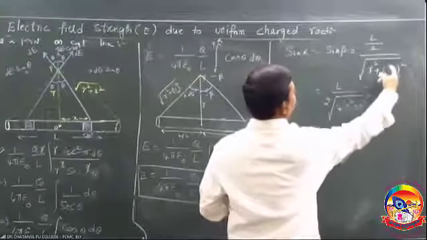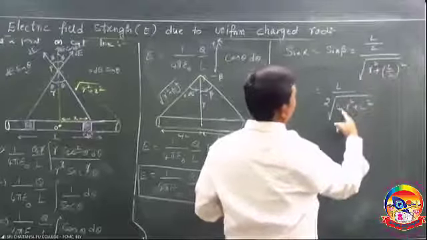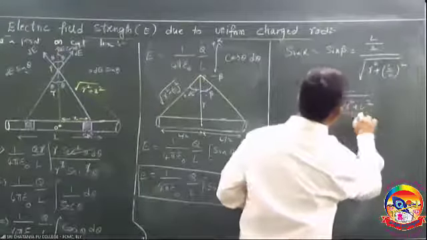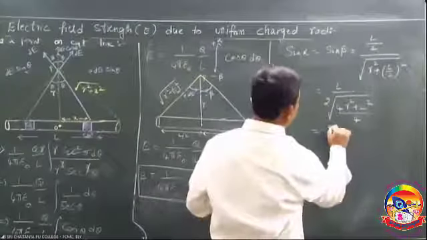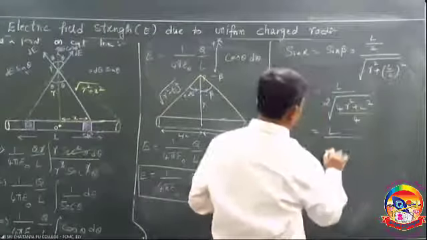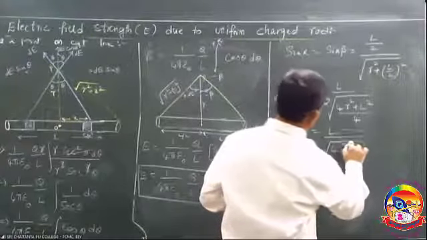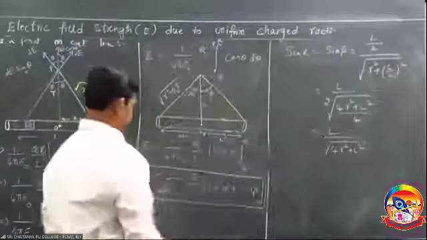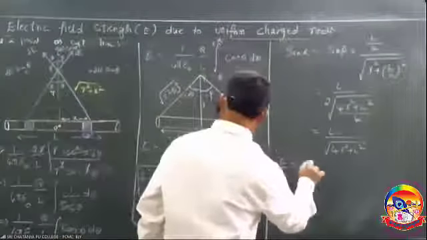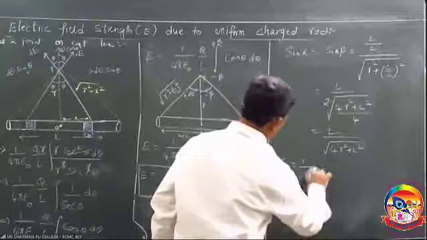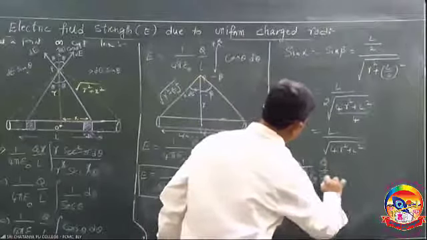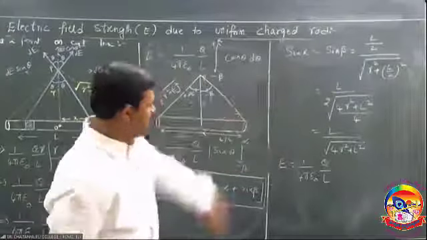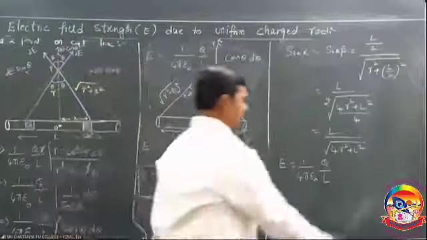L by 2 whole square means L square by 4. The 4 comes here: 4R square plus L square by 4. If that 4 comes out, L by root over 4R square plus L square. Substitute it here. E is equal to 1 by 4 pi epsilon naught Q by L. Sin alpha is equal to sin beta, so you can write it as 2 sin alpha.